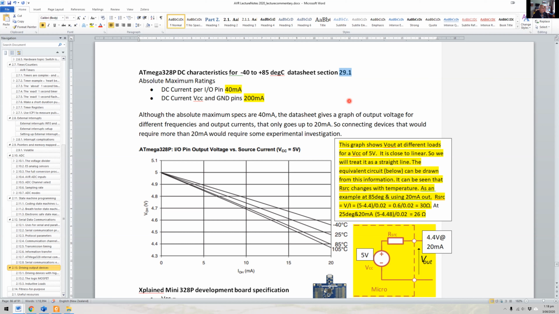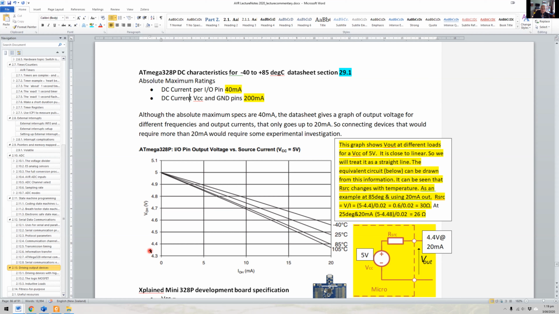Now we'll have a look at this particular graph. Again, we're looking at a voltage-current relationship. Here, the voltage is the Y axis and the current is the X axis, which means that as we change the current, this is what happens to the voltage.